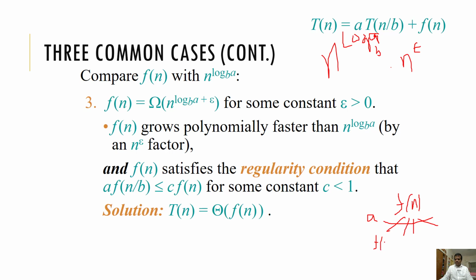That will be the cost for combining in those subproblems of size n by b, and we further have the term over here, a many. So this is all f of n by b.